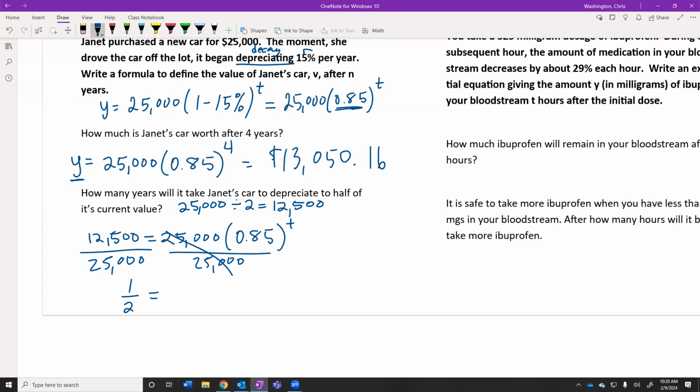That is 1/2. And 1/2 equals 0.85 raised to the t. We can now rewrite this as a log. The base is going to be 0.85. The 1/2 is going to end up inside the parentheses, and that's equal to t, because with a logarithm, the input, which is t, and the output, which is 1/2, are actually going to switch.